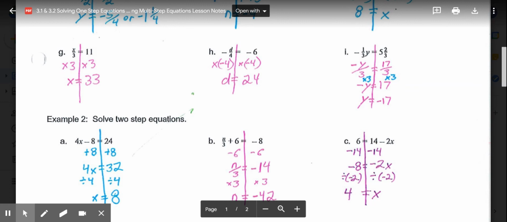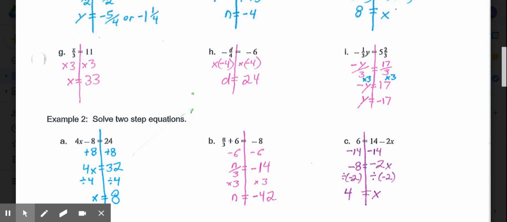In h, we have a negative d over 4 equals a negative 6. So again, if we have a negative in front of the fraction, basically we can decide if that negative is attached to the top or the bottom. So to make my life easy, I want to be left with a positive d, so I'm going to multiply each side by a negative 4.